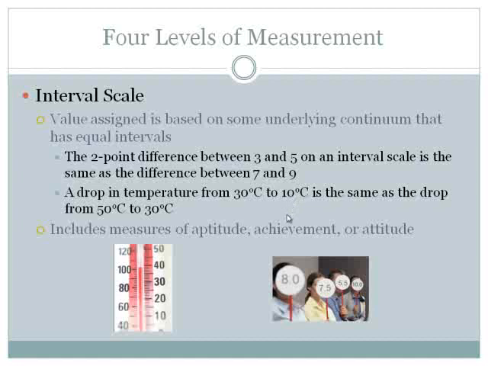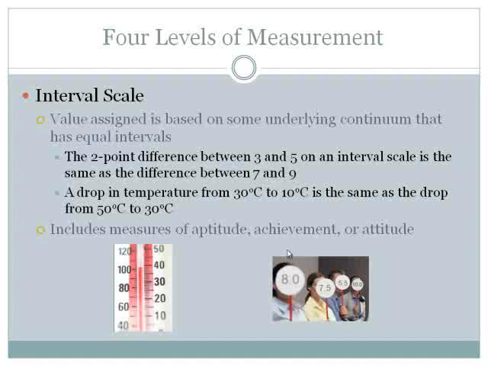Much of what we measure in the social sciences is on this scale, interval scale, as well as the next scale. And I'll mention another term that you might want to write down. When we're measuring things that are on interval or ratio scale, that affords us to use what are referred to as parametric statistical techniques.